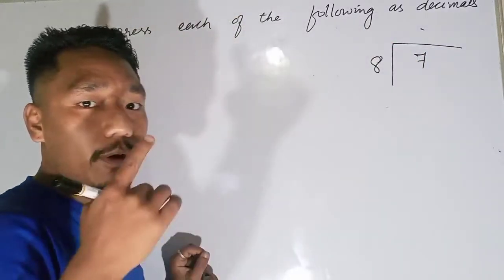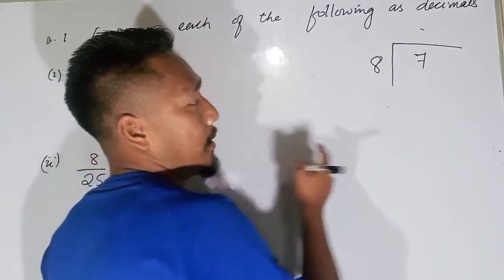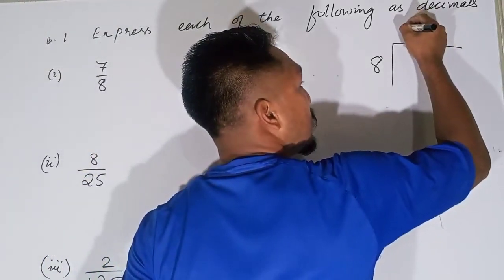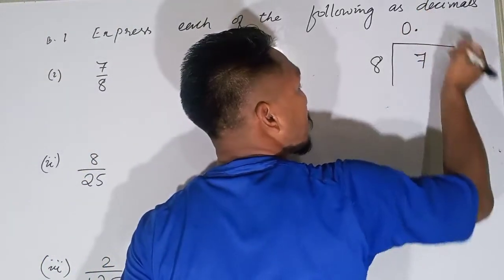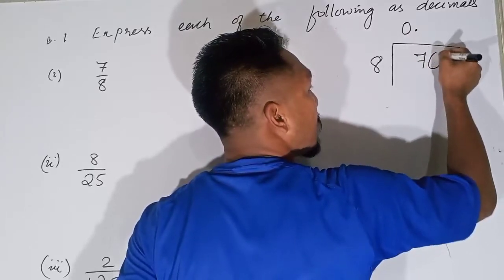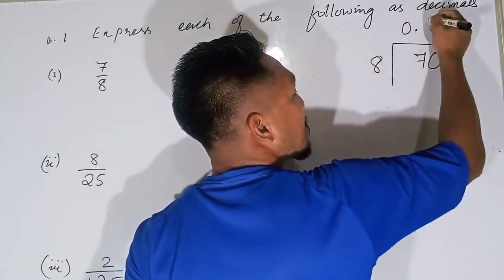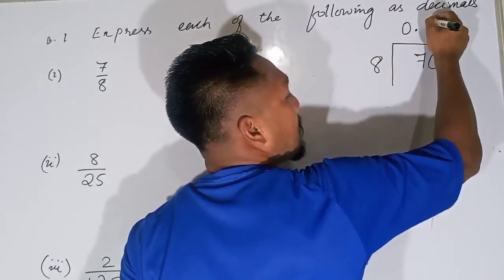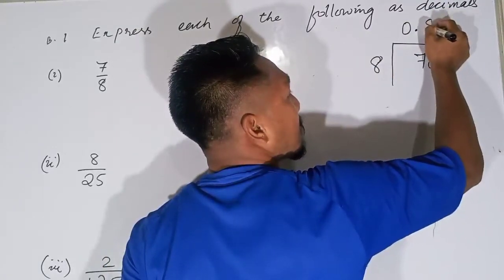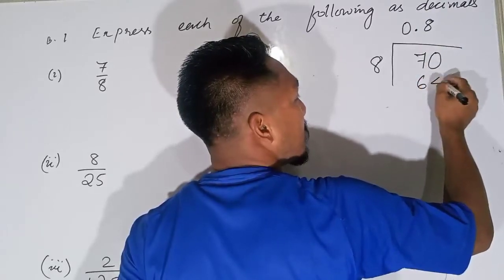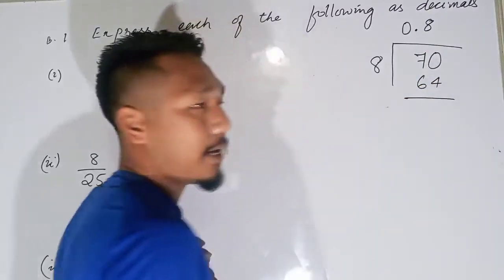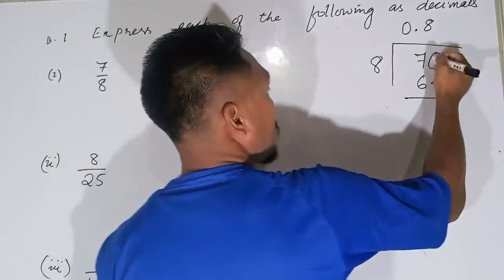Can you divide 7 by 8? No. So we put 0 and then put the point here. Once we put the point, we write this as 70. Now 8 times what? 8 eights are 64.